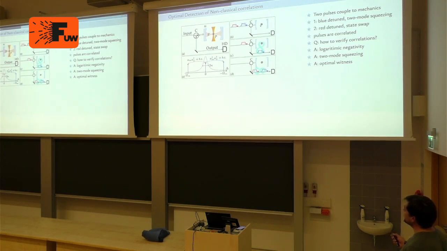I want to send it inside the cavity. I want this pulse to become entangled with the mechanical oscillator, right? And then I have to actually think carefully about which temporal mode of this heating field carries the most entanglement.